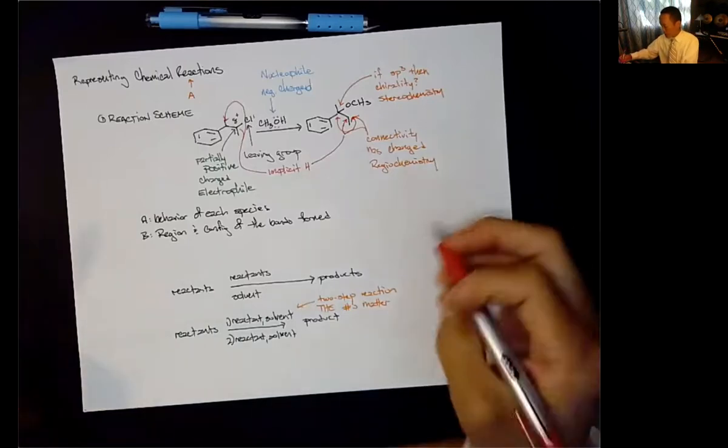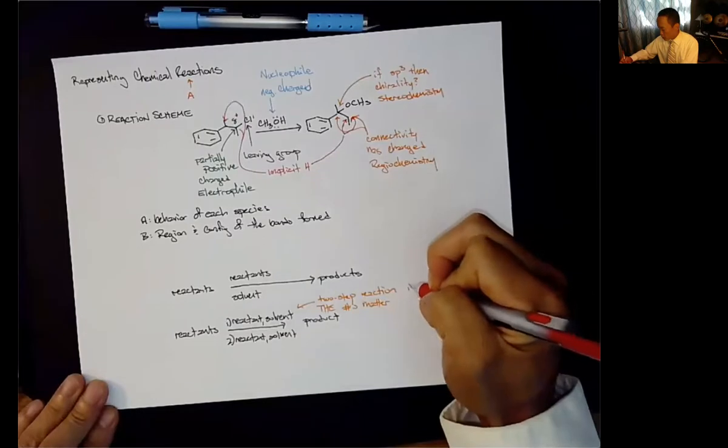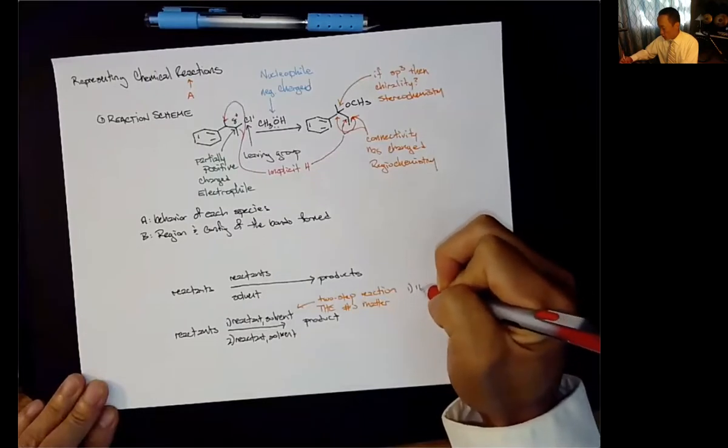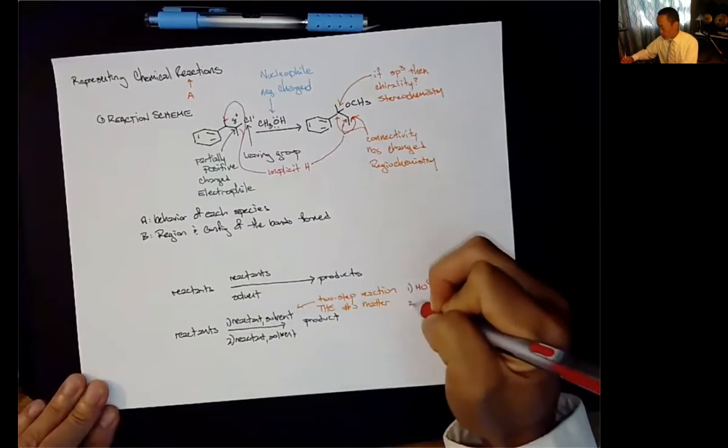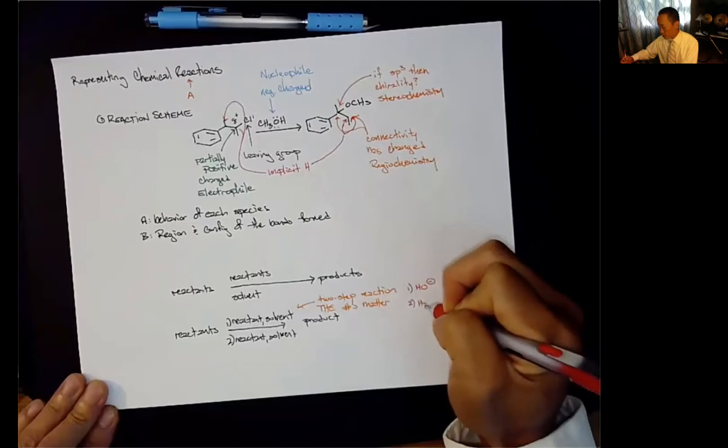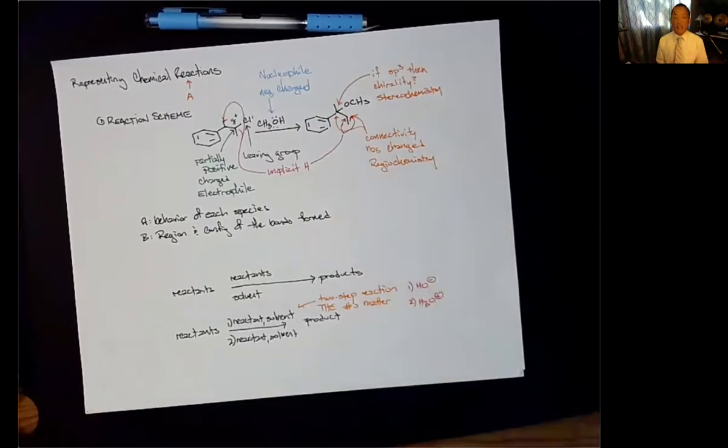The idea here is 1 OH minus, 2 H3O plus, which means you're taking base and reacting it with a species first. And after that reaction has taken place, then you're adding acid to that reaction.